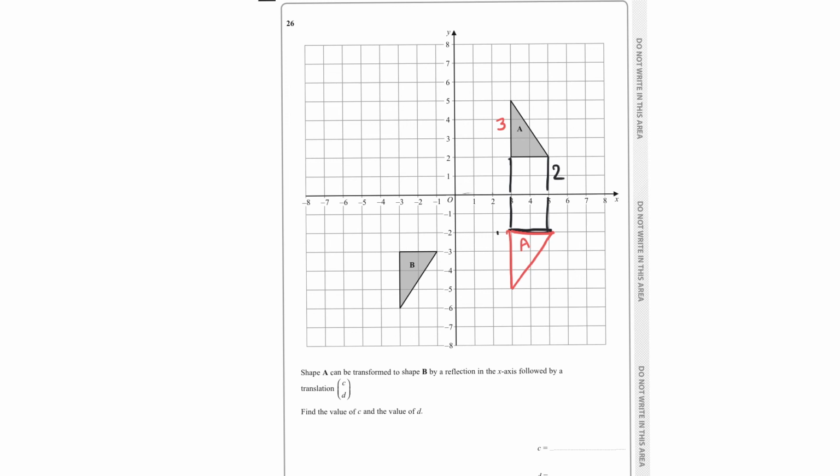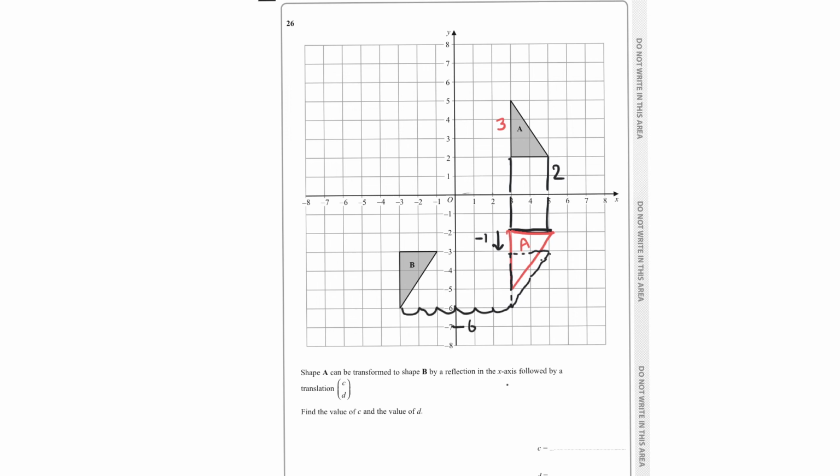So to go from A to B, if we go down 1 level, so -1, we would end up here. I'll put it as a dotted shape. Then to go across, we go 1, 2, 3, 4, 5, 6 spaces backwards, -6.